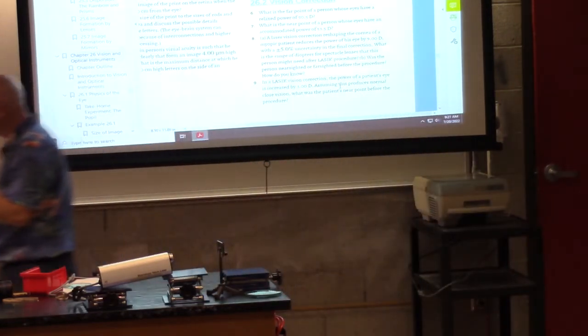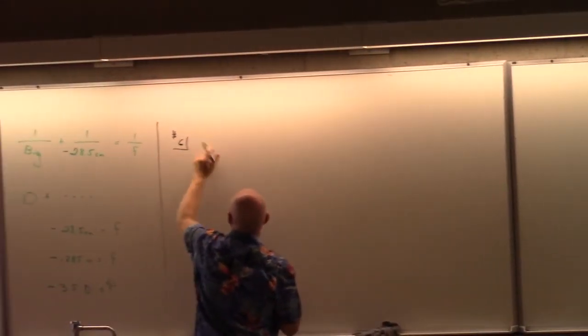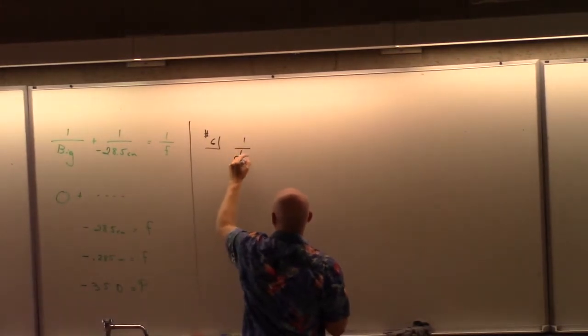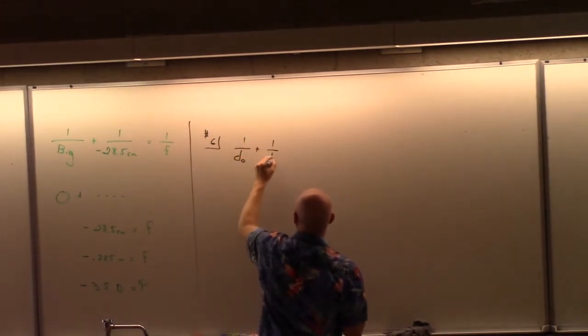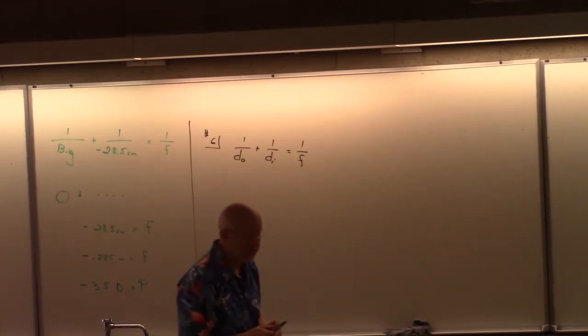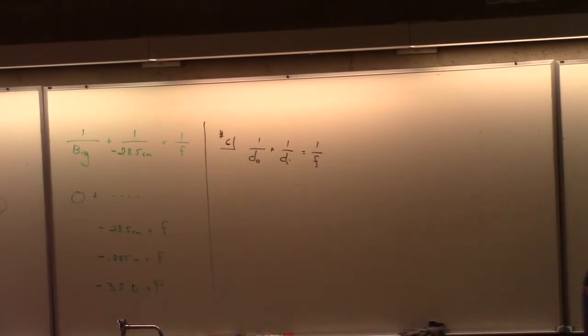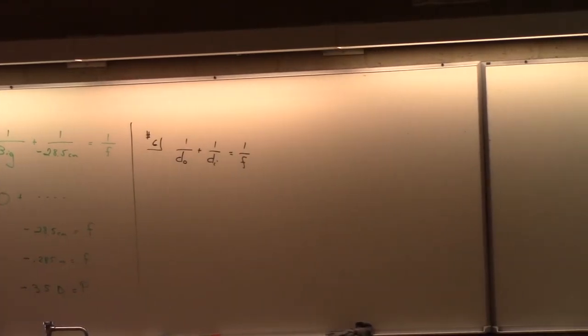So again, let's go through this thinking here. 1 over the object distance plus 1 over the image distance is 1 over the focal length. What they're saying in this problem is, what is my far point?